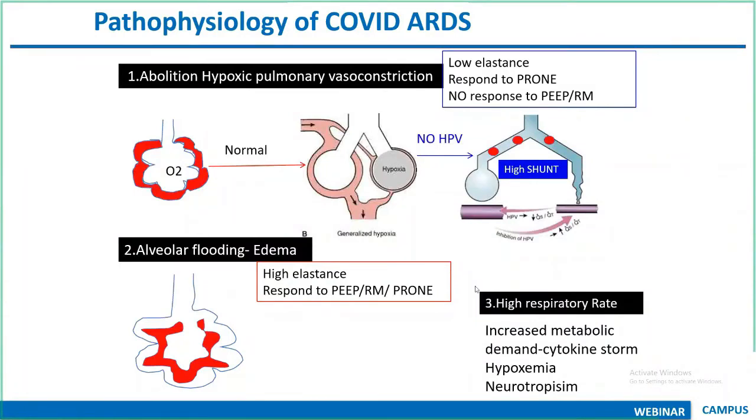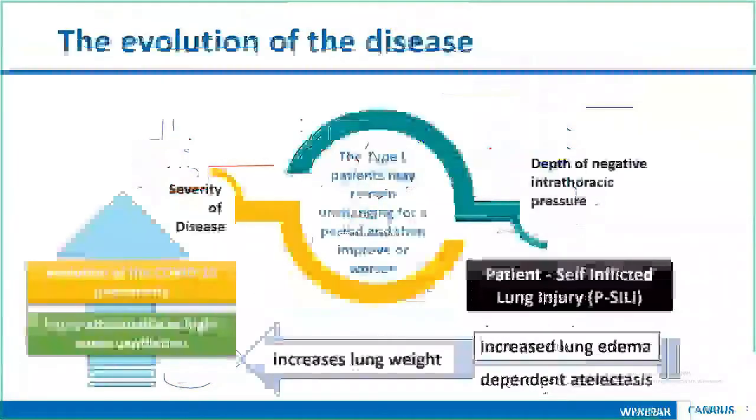Why is that important? Whenever you are assessing the ROX index, you see whether the respiratory rate is higher because of fever, a cytokine storm or a secondary infection. Those parameters you can definitely control, and you can give those patients some more time before initiating intubation.